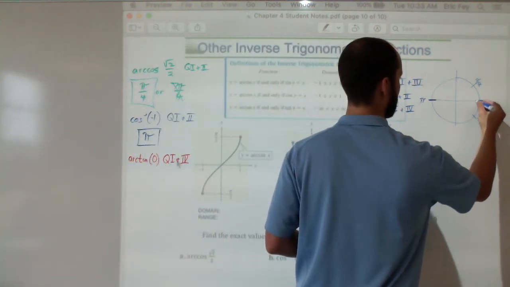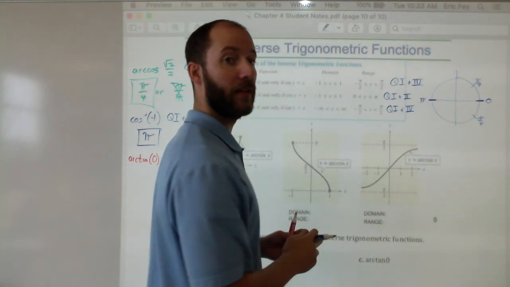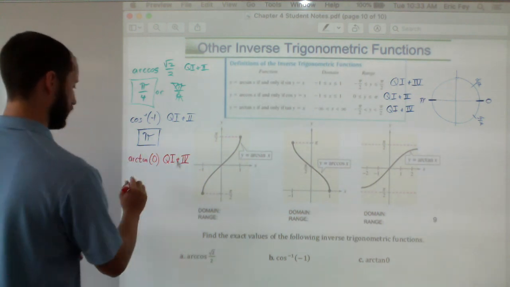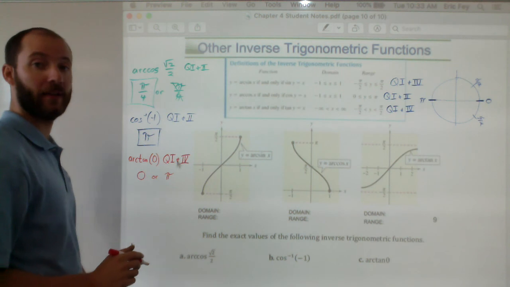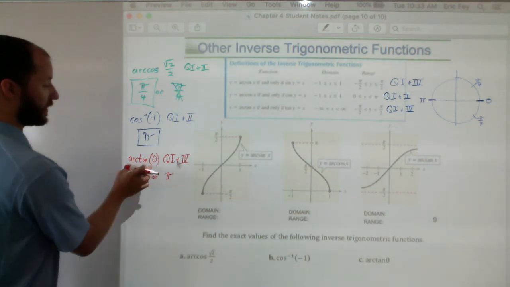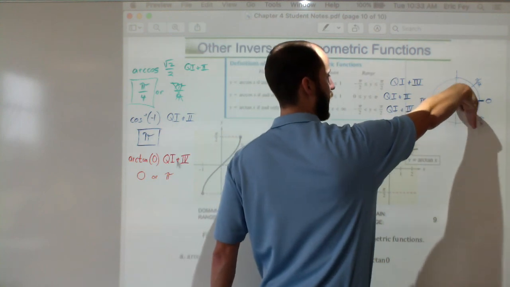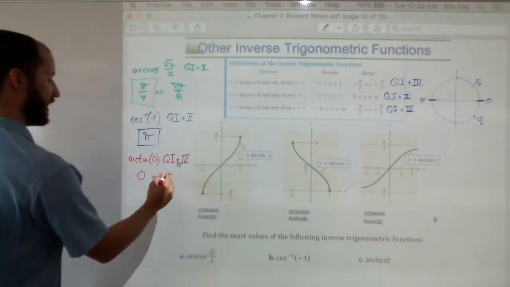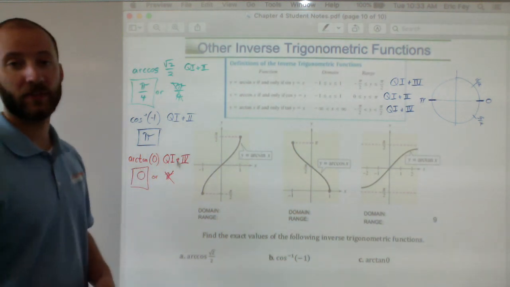Now that happens at 0 and at pi. So we have two possibilities here: 0, or pi. Well, arctangent has to be from quadrants 1 and 4, from this range, negative pi over 2 to positive pi over 2. Pi is outside of that, so our answer is 0.